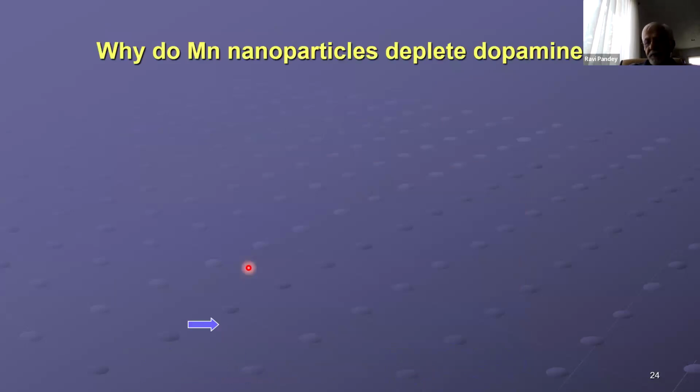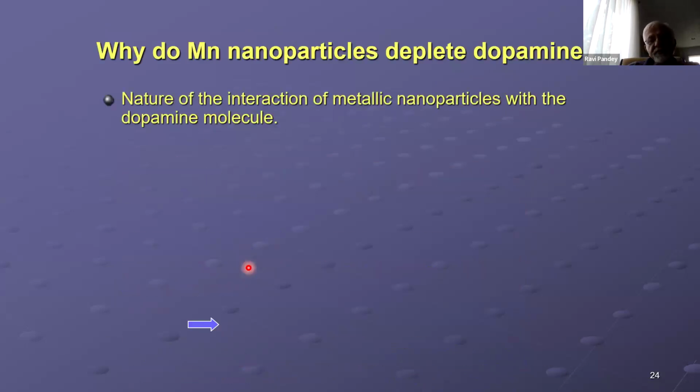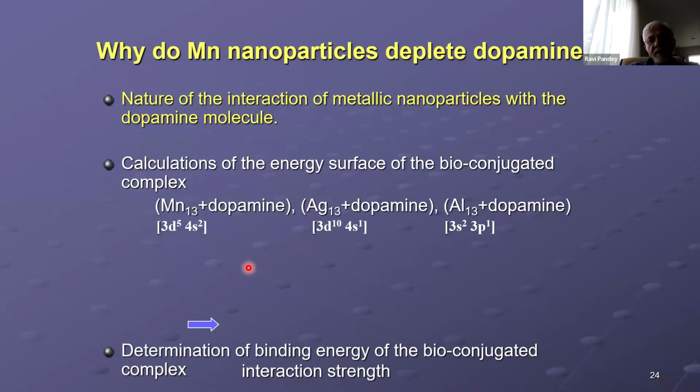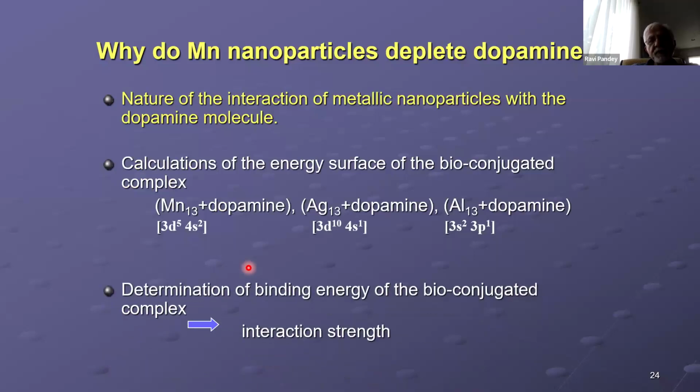So we had to start with a hypothesis and make a plan for doing the simulation. Our question was: why do these particles deplete the level of dopamine? What is happening here?